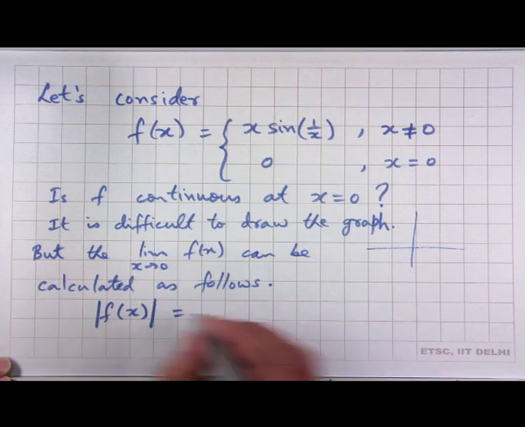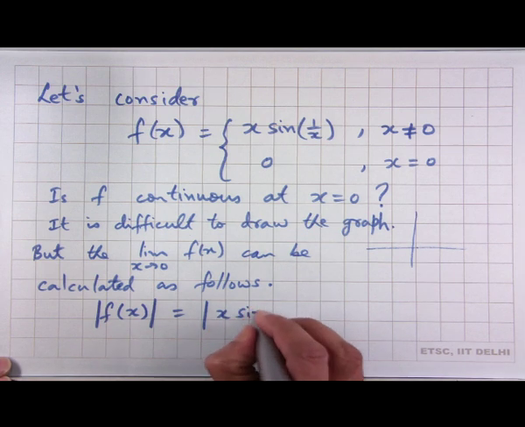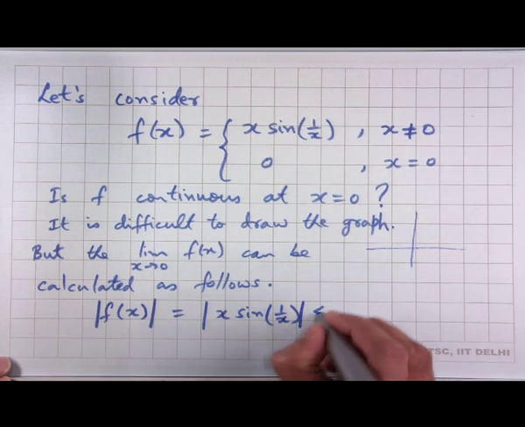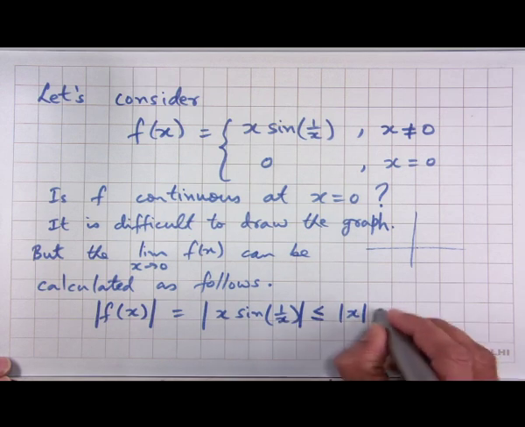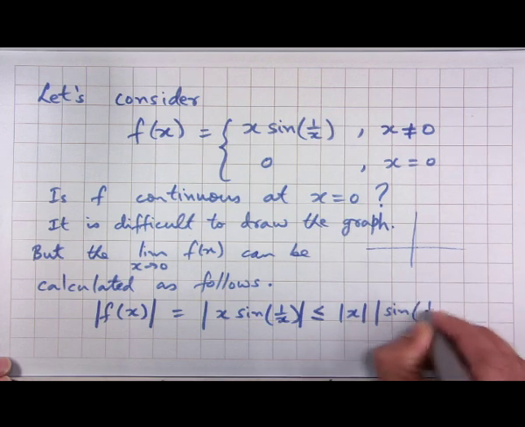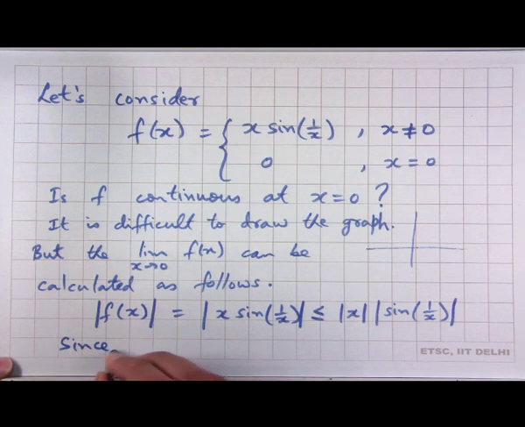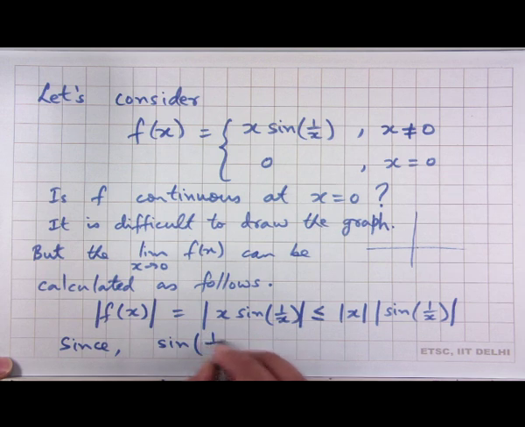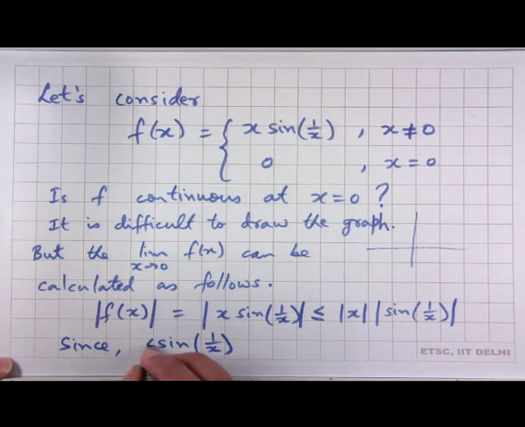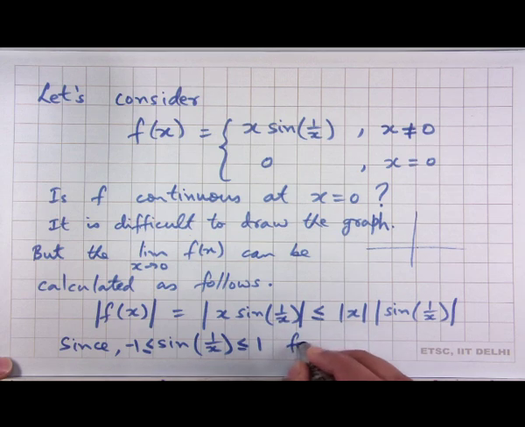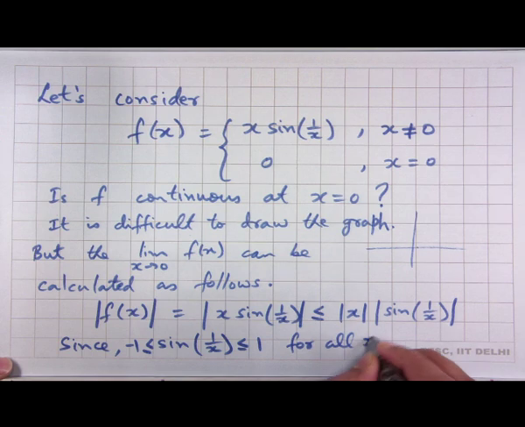This is equal to mod of x times sine of 1 by x, which is less than or equal to mod x times mod sine 1 by x, and since sine of 1 by x, we know that it is always between minus 1 and 1 for all x not equal to 0.